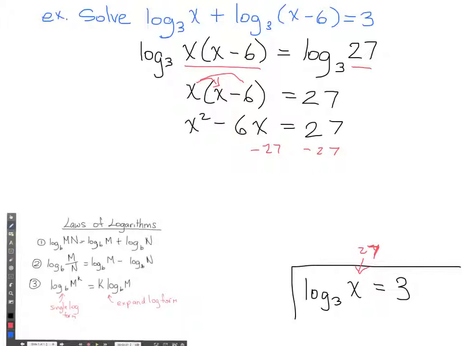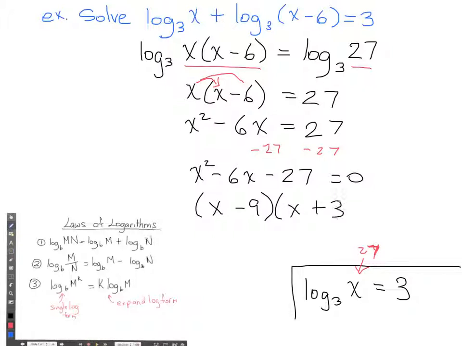So on the left side, we get x squared minus 6x minus 27 is equal to 0. Now we're looking for two numbers that multiply to give you negative 27 and add to give you negative 6. Those two numbers are negative 9 and positive 3, which means that x is equal to 9 or x is equal to negative 3.